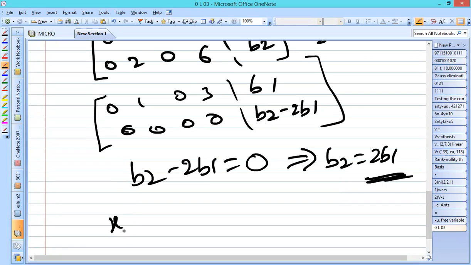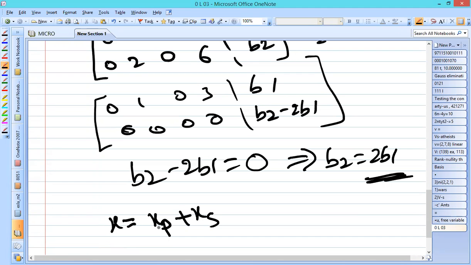As I said, the complete solution can be obtained by adding the particular solution of the consistent equation Ax is equal to B, plus the special solutions we have obtained. Adding these two, we get the equation of the complete solution.